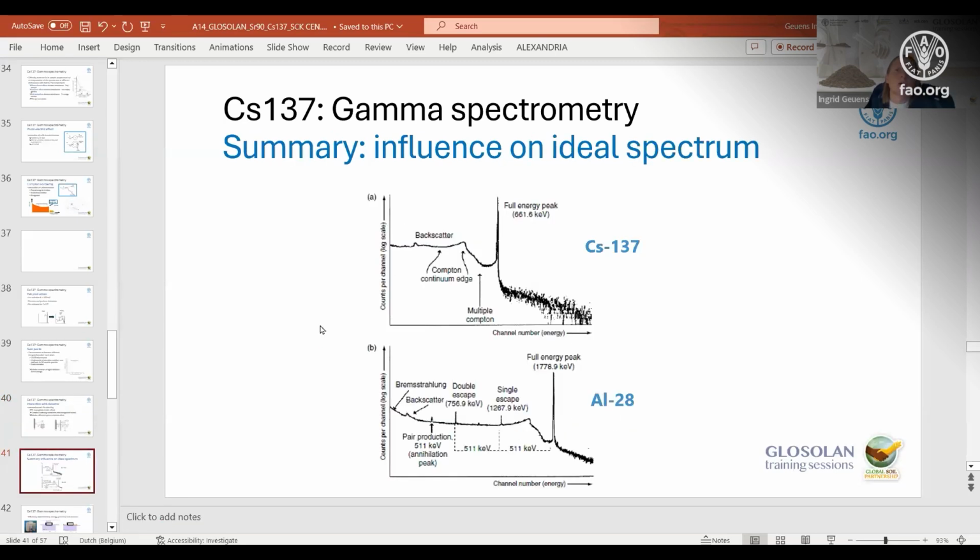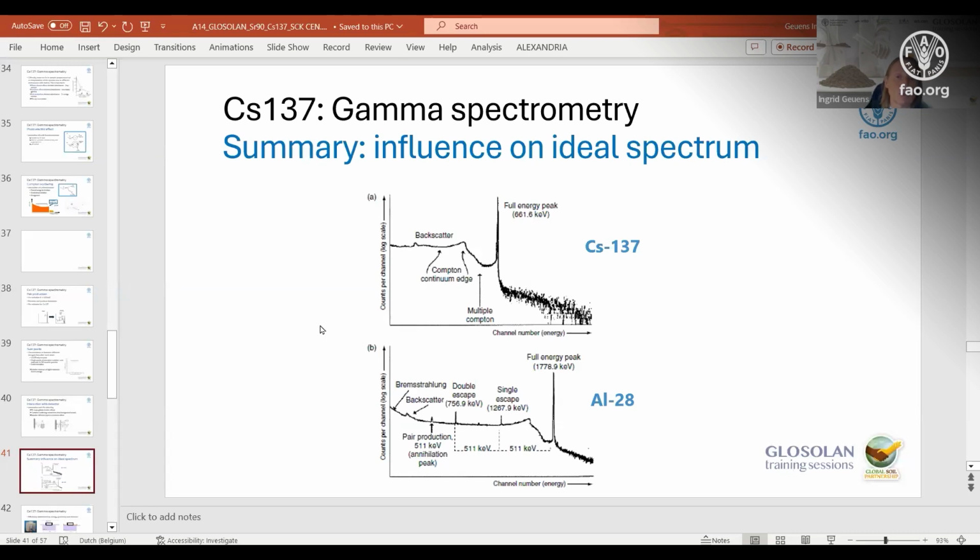So, a summary of the influence on an ideal spectrum. You can see two isotopes, two spectra. Normally for cesium-137, we would have a nice peak at 661 kiloelectron volts. But before that peak, we have a lot of continuum background. We have also sometimes some backscattering. So it is on top of a background.